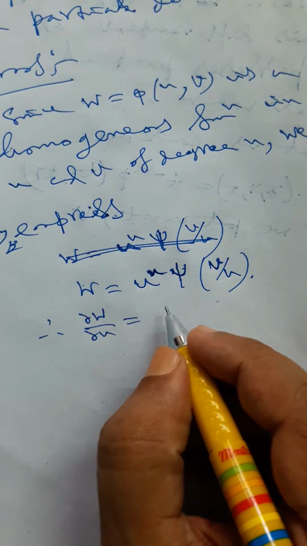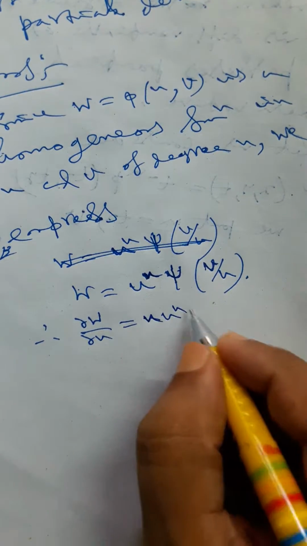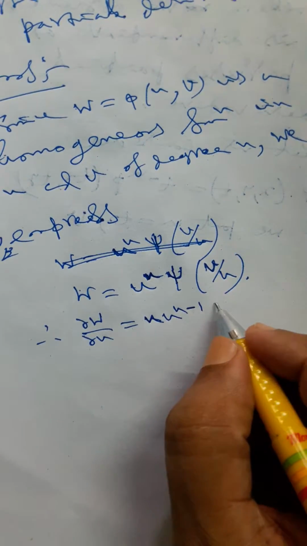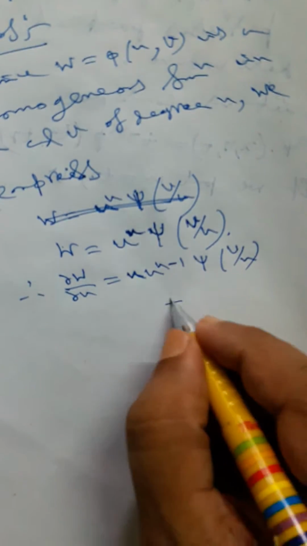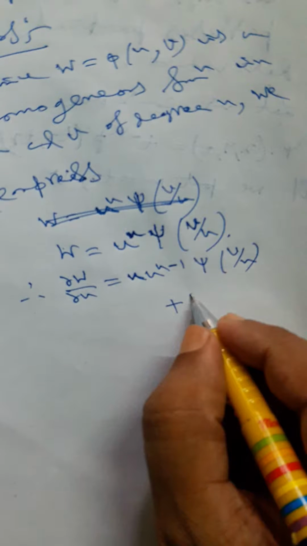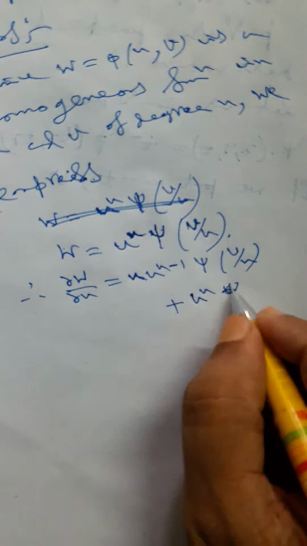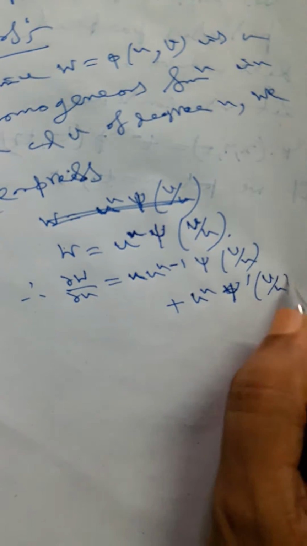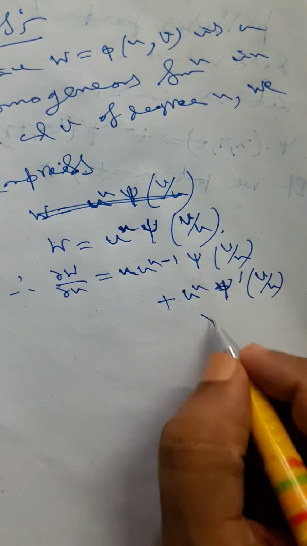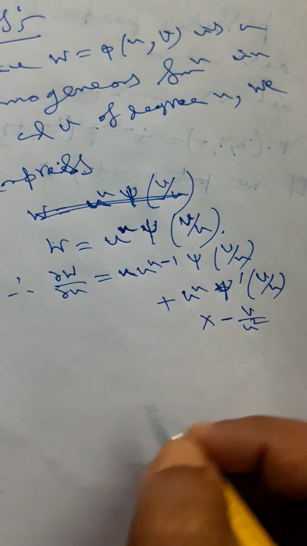So del w del u will be n u to the power n minus 1 psi of v by u, plus u to the power n psi dash of v by u, and the derivative of v by u with respect to u is minus v by u square.